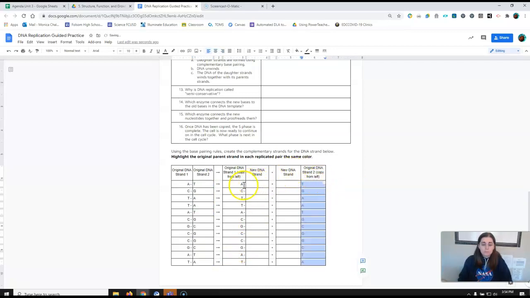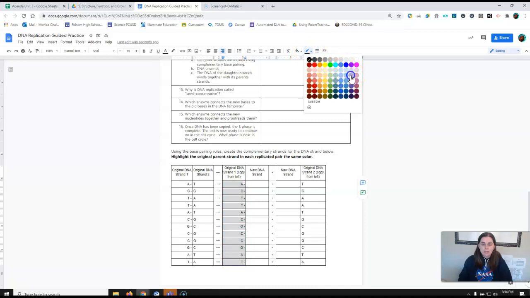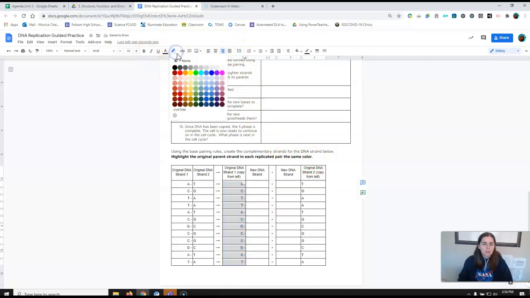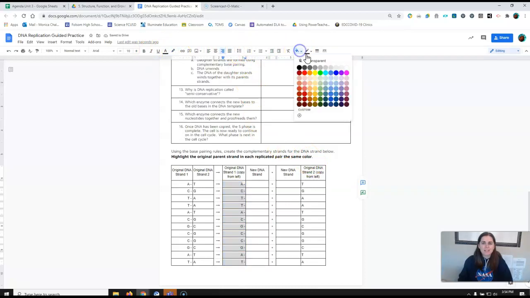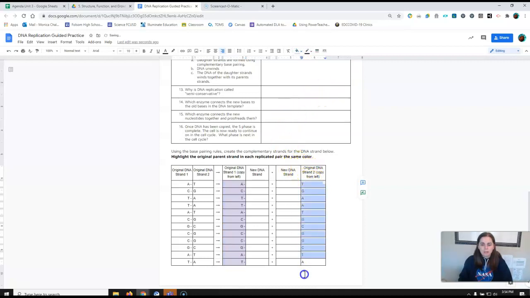Okay, then I need to make sure, because it's our parent DNA, we're going to highlight it. And since I like purple, we're going to do purple. And I did the wrong thing. Control Z. Let's try. Oh, it's the fill button. I forgot. Purple and purple. Okay, so that's our parent DNA.